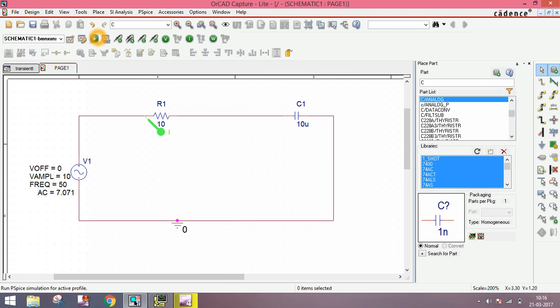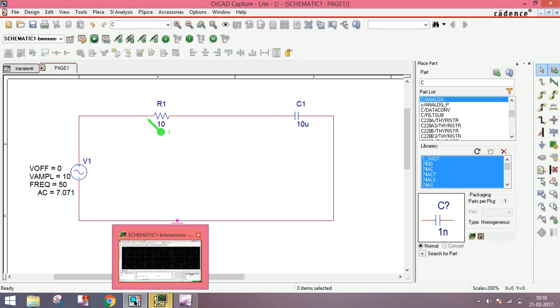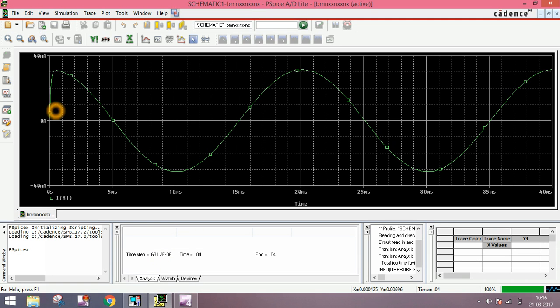Now simply run. In this case you can see our graph looks like that. And the third method to see the time lagging or leading is this, which I will show in this tutorial.